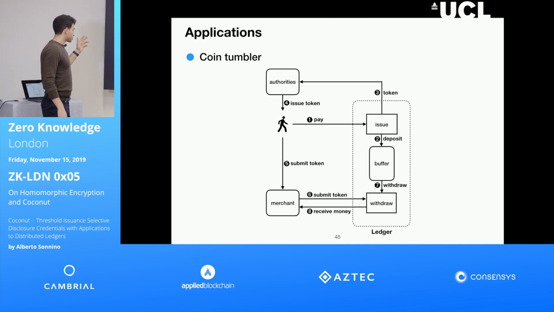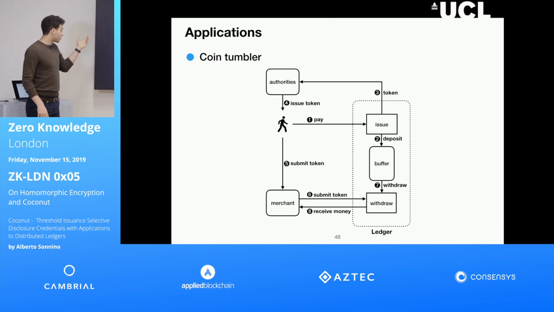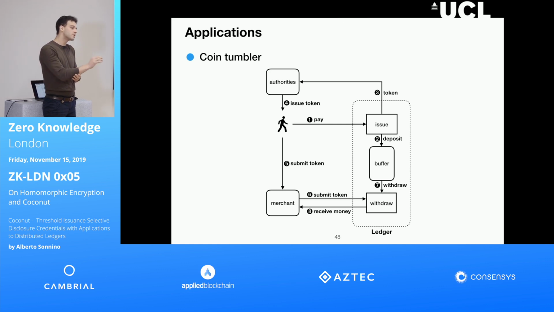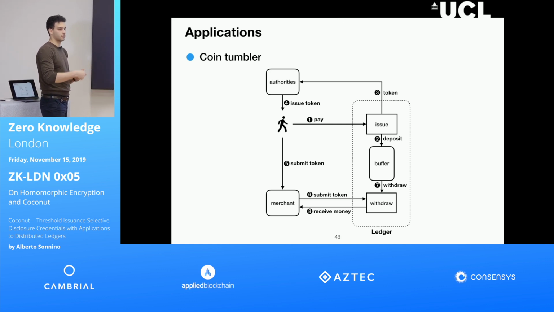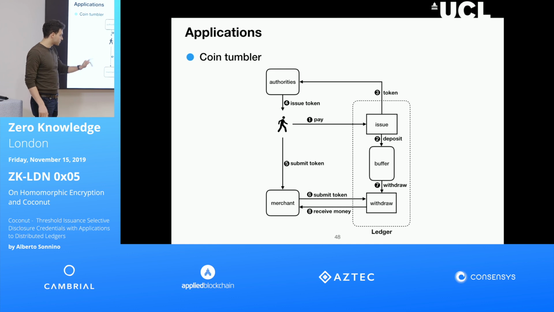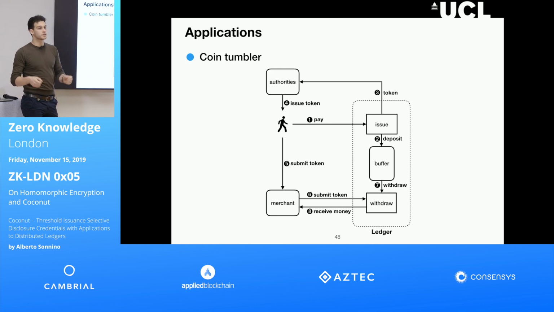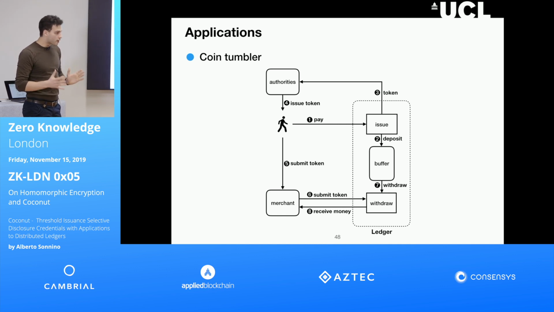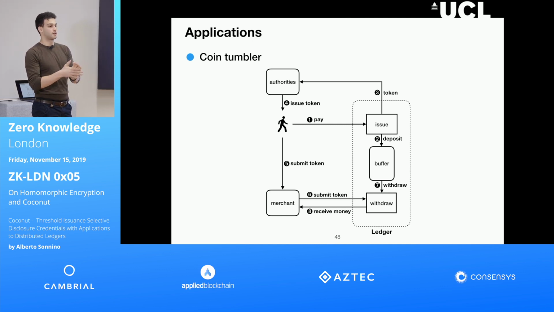So the first application that you can build, we built a coin tumbler, and it's actually in very few lines of code, assuming that you can make calls to that smart contract library. And it becomes very easy at that point. So the way it works is that some authorities come together and call create, and now whichever users trust the integrity of those authorities would go and operate under that tumbler.